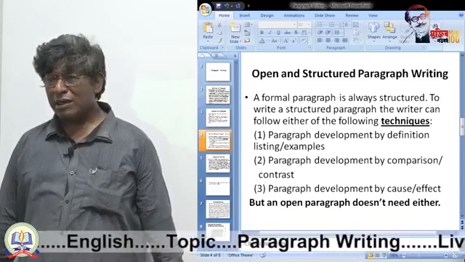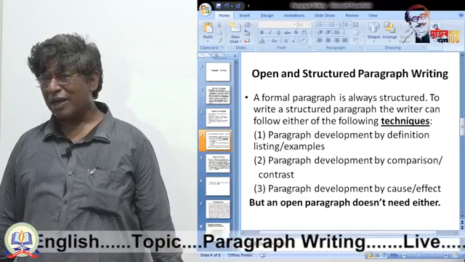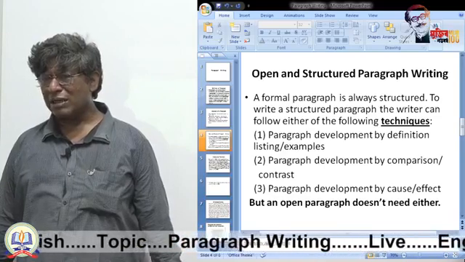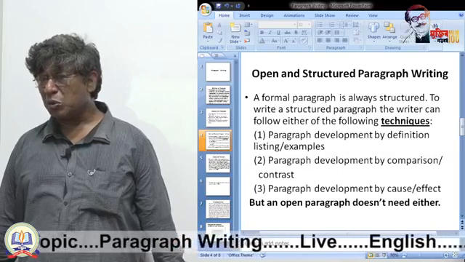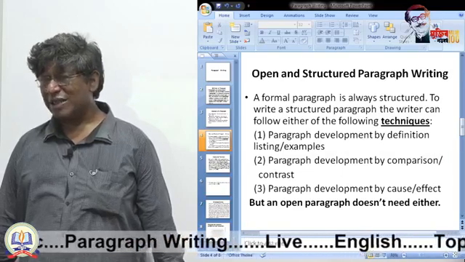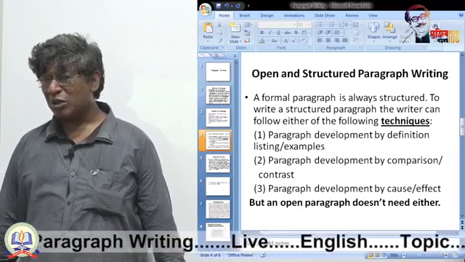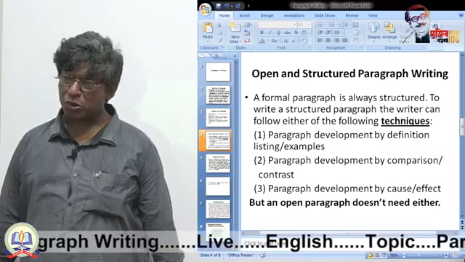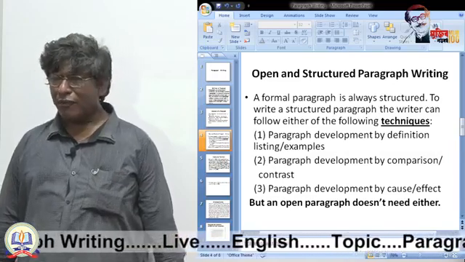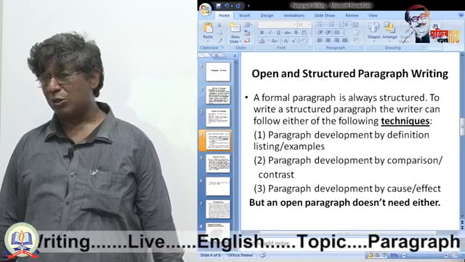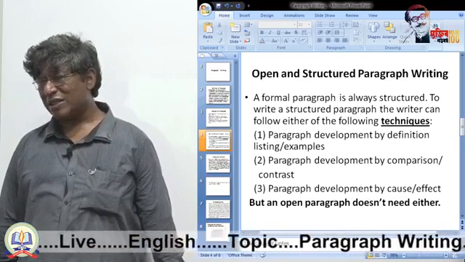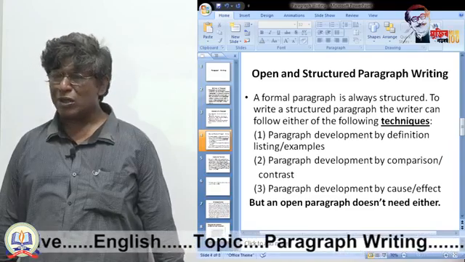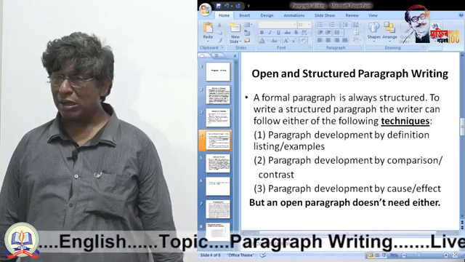And there are also paragraphs written on two ideas using the technique of comparison or contrast or both. And finally, we also sometimes are asked to write paragraphs using the technique of cause or effect.